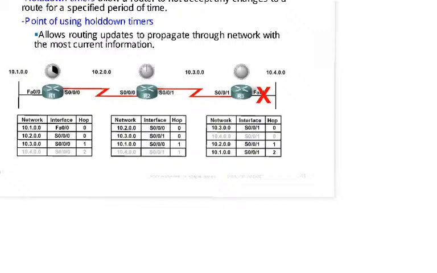So the good thing about that is that once this situation happens, I prevented the routing loops right away. This is unlike the count to infinity, because with the count to infinity, until it reaches the state where the hop count is 16, there were routing loops happening.